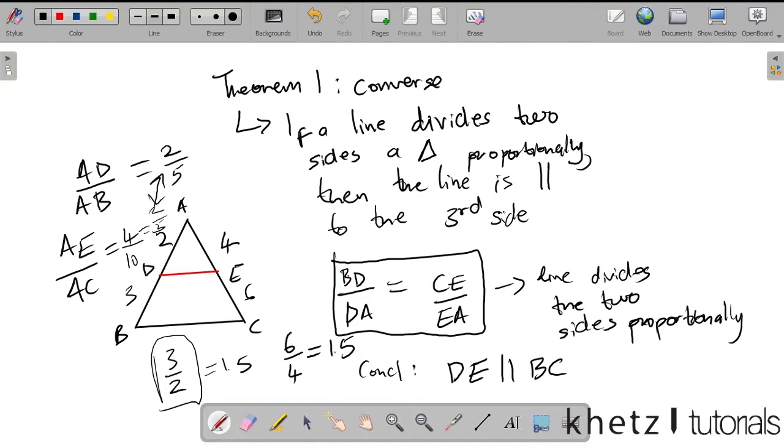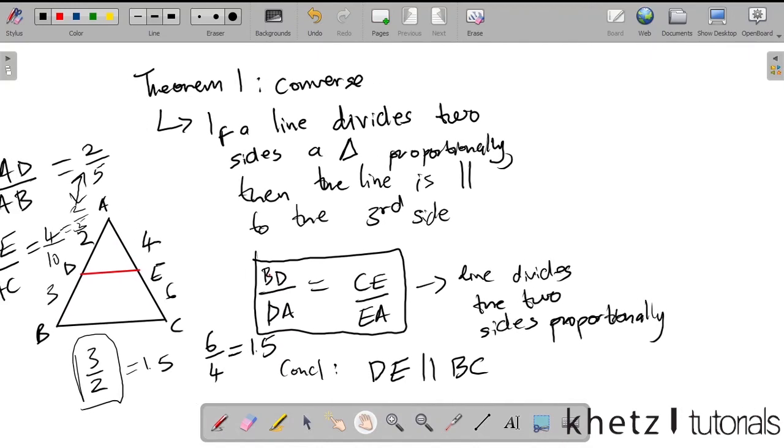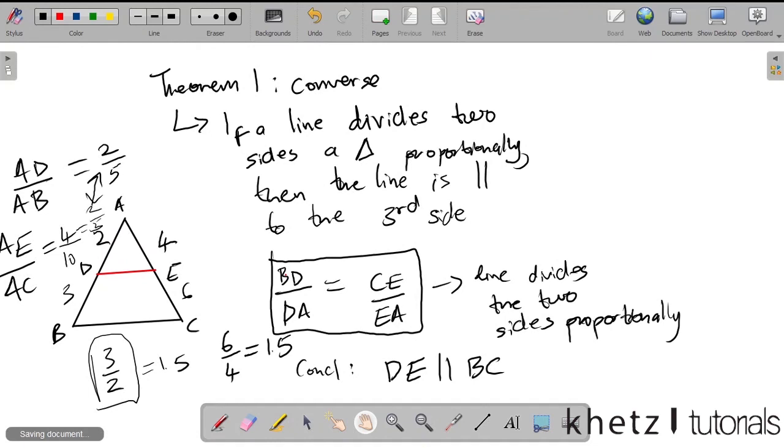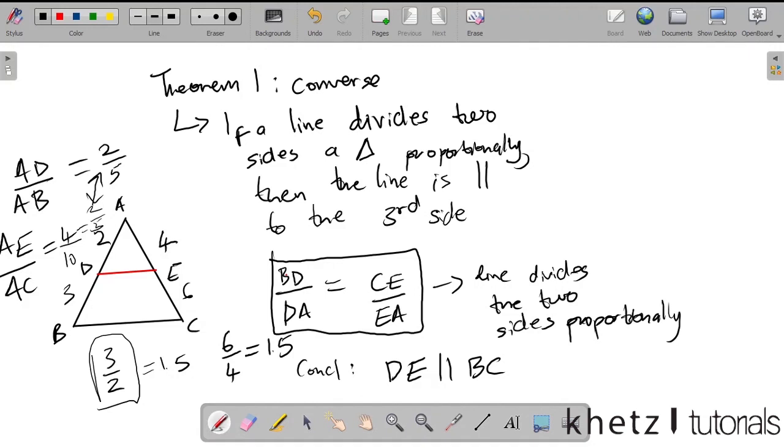So it doesn't really matter what you use. You don't have to use BD over DA. You can use any of the proportions, but the main thing is that if there is proportion present, and we are not told that DE is parallel to BC, we can conclude that DE is actually parallel to BC from the proportion which we have found.